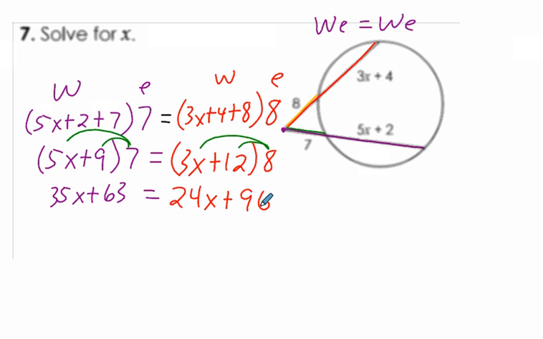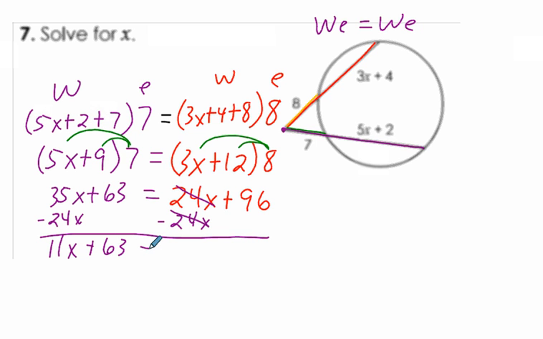Getting all your x's together, combining like terms, simplifying, all that. So what we're going to do first is subtract the 24x from both sides. Get that x moved over to the left. So that will give me 11x plus 63 equals 96.